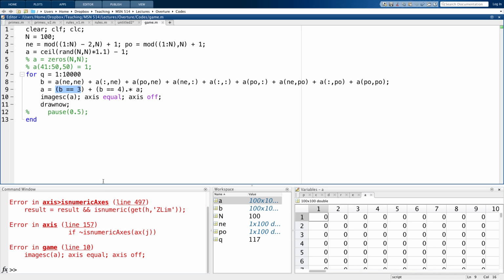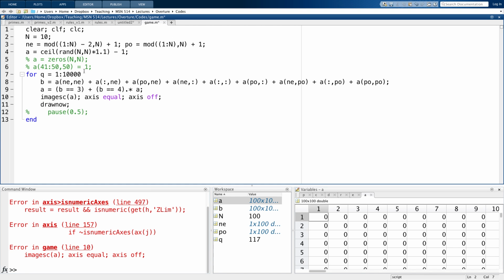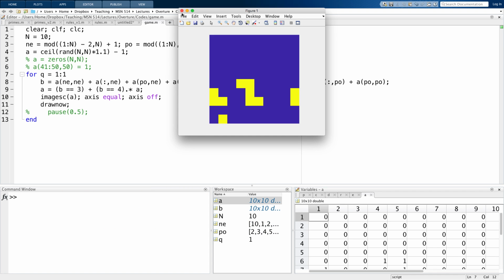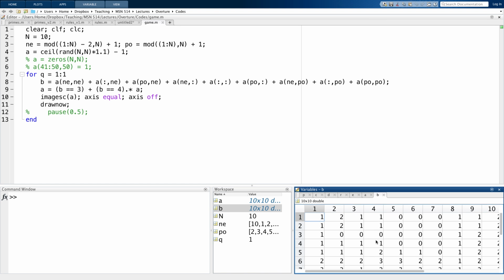So if you type something like this, okay, let's make it 10. Let's make this 1. So let's say you have B, which is like 1, 2, 3, 4. It has all the numbers in it, right?